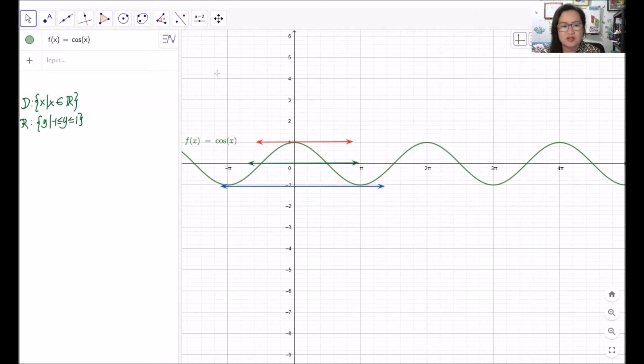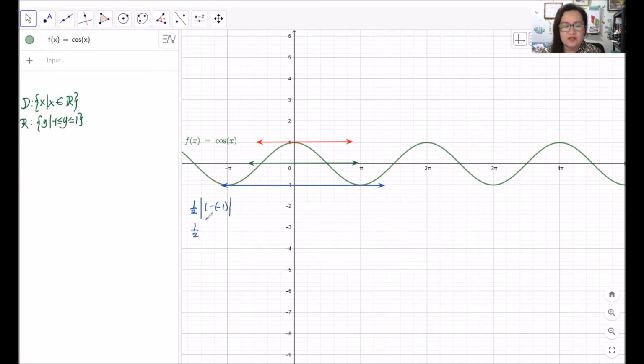Okay, based on what you can see visually, the distance of the lowest value or the distance of the highest value is 1 unit. Now, algebraically, we can get the amplitude by getting the average of the absolute difference of the maximum value and the minimum value. So we shall have 1/2 times the absolute value of 1 minus -1.